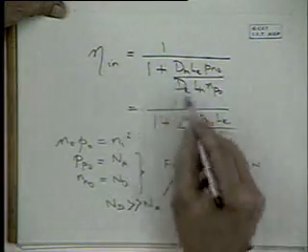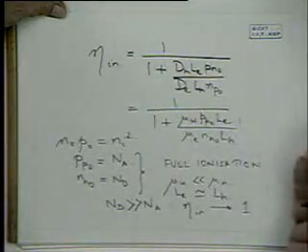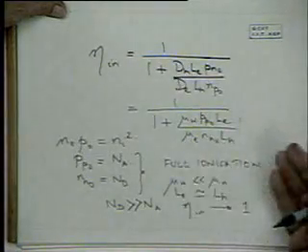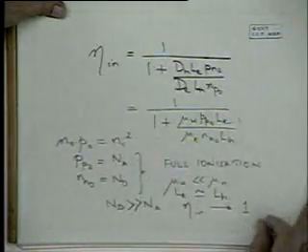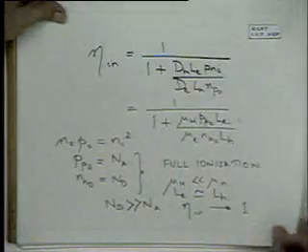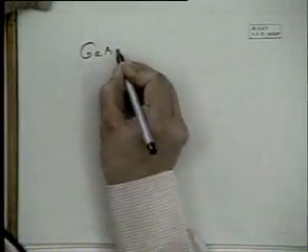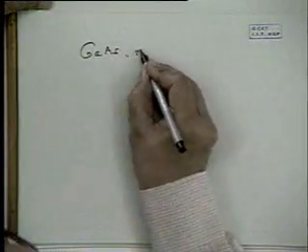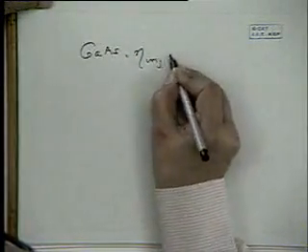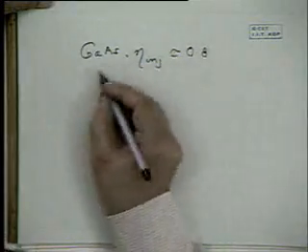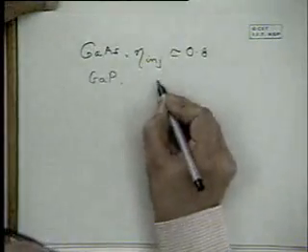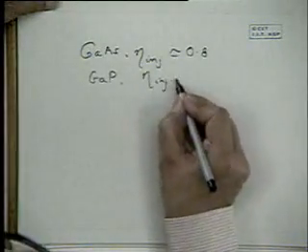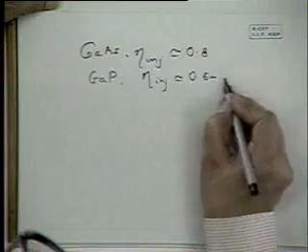This is the same condition as in an N plus P diode, or an NPN transistor, where we want the injection efficiency of electrons into the P-type region to be very large. In practice, for gallium arsenide, where the mobilities are large, eta injection is about 0.8. For gallium phosphide, the electron and hole mobilities are not that large, and eta injection is of the order of about 0.6 to 0.8.